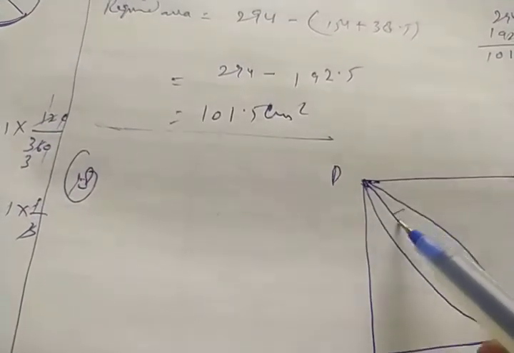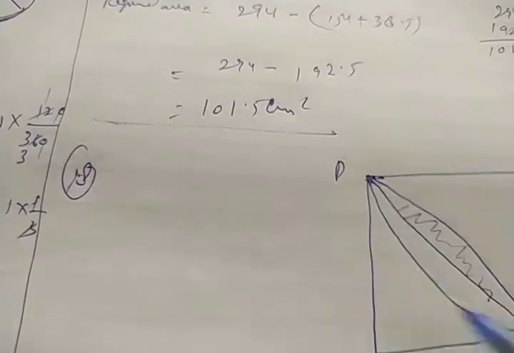Then simply calculate the area of this quadrant and subtract the area of the triangle. Then you will be having this area. Actually you are going to calculate half of the area of the leaf, then you will double it, obtaining the whole area.